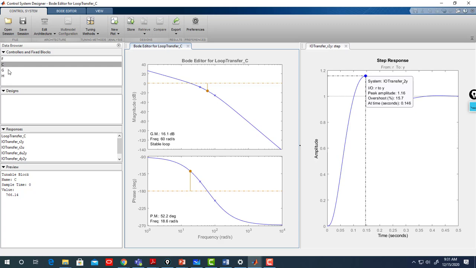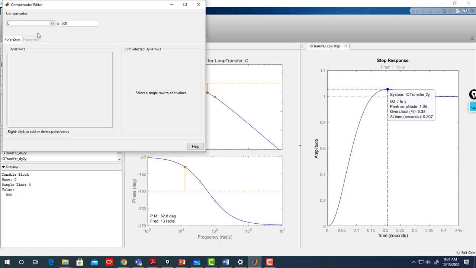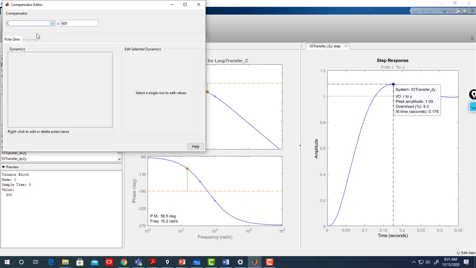Okay, maybe I can click and play with it, like maybe like this. 500, I need more. 600, 9.3 maybe. 605. And that gives me 9.5.